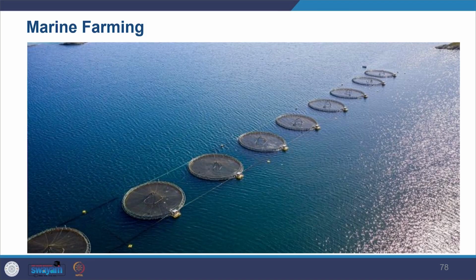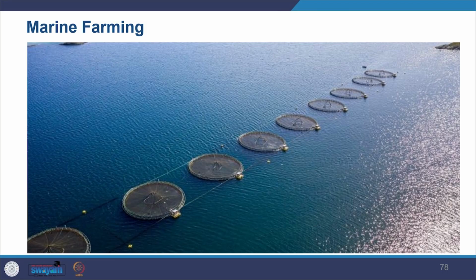So the water quality goes down, and then you can have pollution of water columns, and you can also see seabed pollution. It is also noticed that there can be parasitic lice, and there have been cases where salmon have died because of the increase in lice and other things.